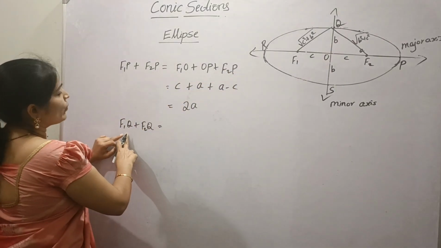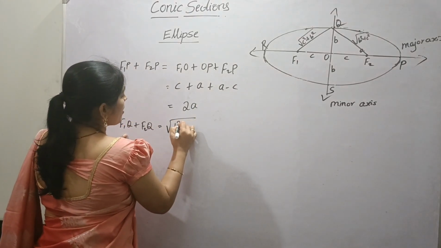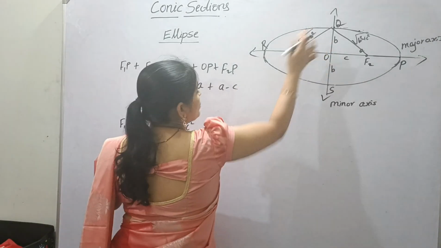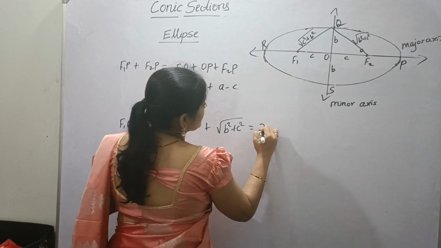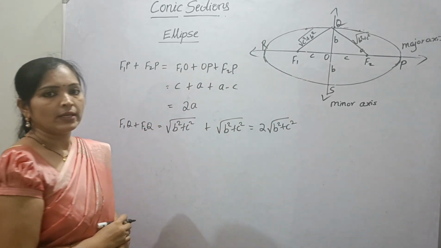So F1Q is the square root of B square plus C square, and F2Q is also the square root of B square plus C square, that is 2 root of B square plus C square.